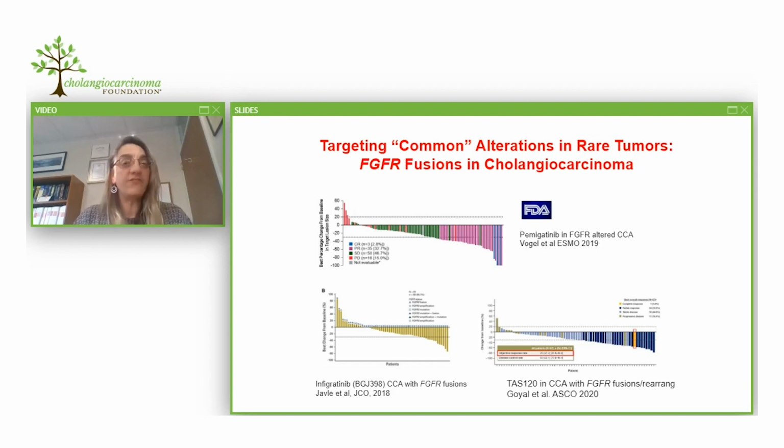And in addition to the FDA-approved pemigatinib, which has had elegant data for cholangiocarcinoma with FGFR fusions, there have been several other agents with significant efficacy signal with FGFR inhibition for FGFR fusions, really confirming that FGFR fusions indeed are a compelling target for cholangiocarcinoma.